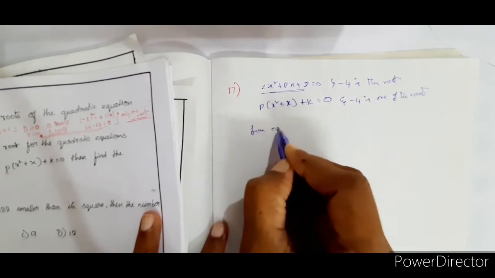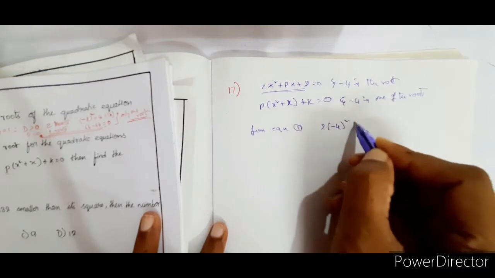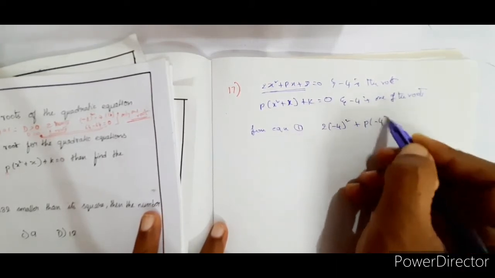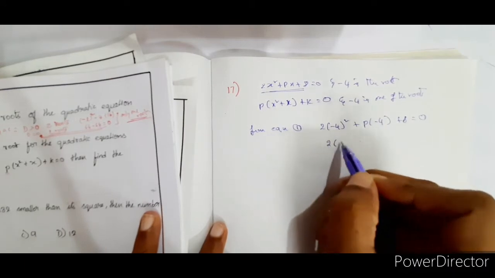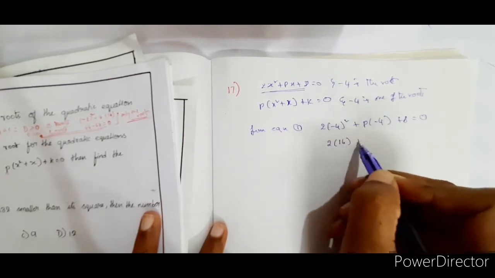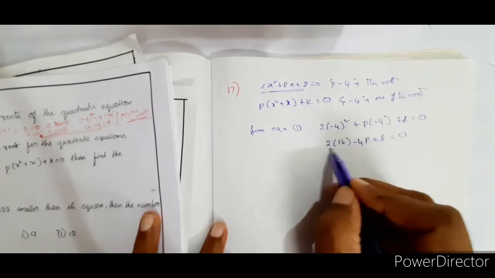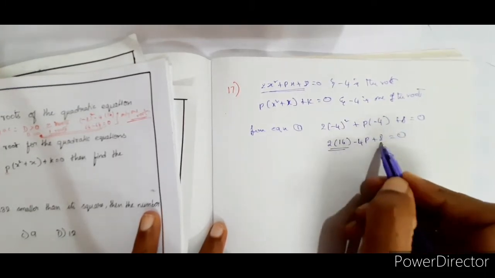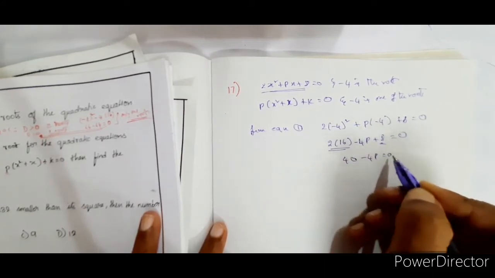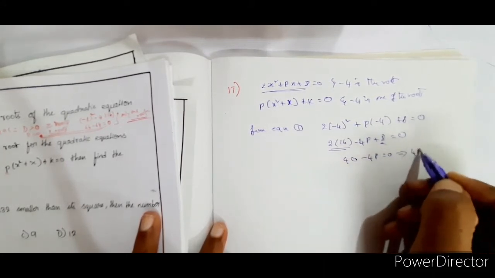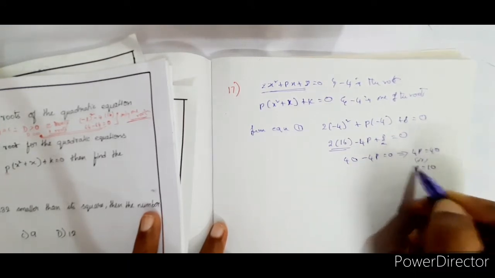From equation 1 we have 2 into minus 4 whole square plus p into minus 4 plus 8 is equal to 0. That is 2 into 16 minus 4p plus 8 is equal to 0, or 32 plus 8 is 40, minus 4p is equal to 0, which implies 4p is equal to 40, or p is equal to 10.